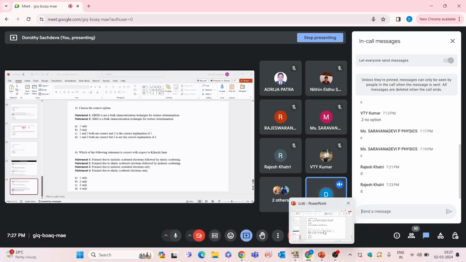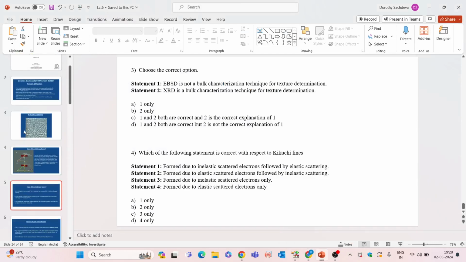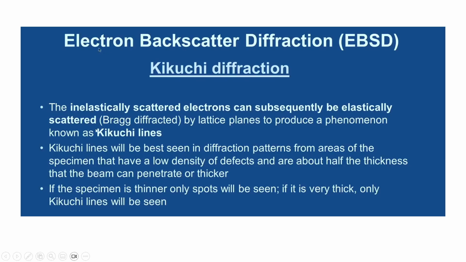This I guess we discussed in our previous slides only. The first one only, which says that the Kikuchi lines are formed by the inelastic scattered electrons, which can subsequently be elastically scattered, which will produce the Kikuchi lines.